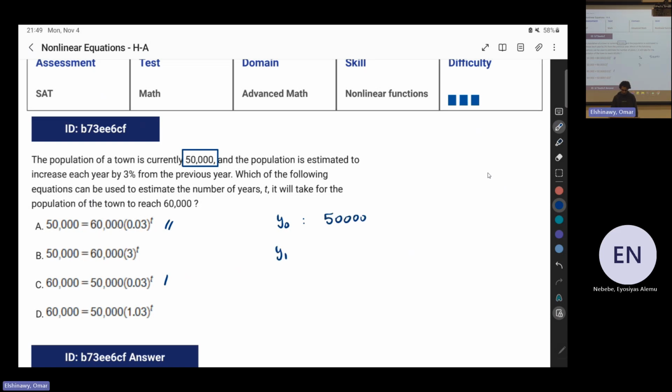In year 1, it increases by 3%. How do I write this mathematically? That's a good question, guys. Plus 0.03. So you're adding 0.03.